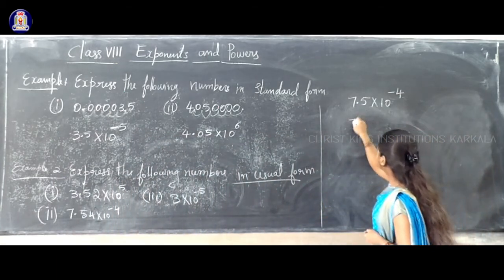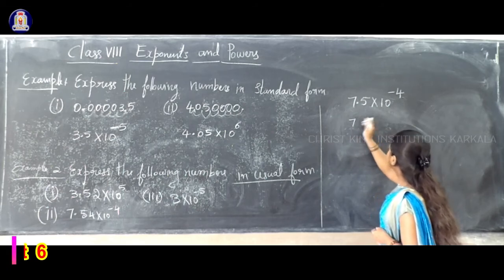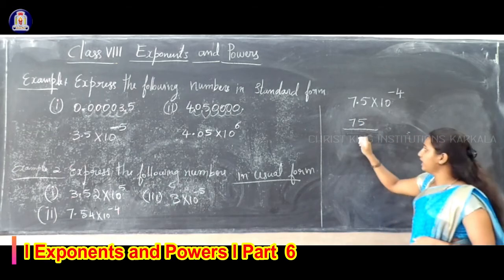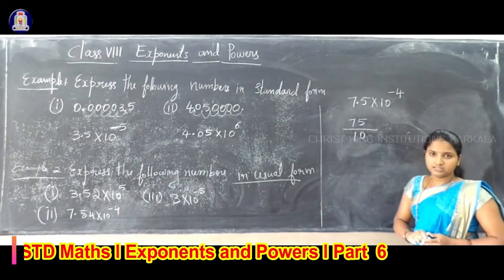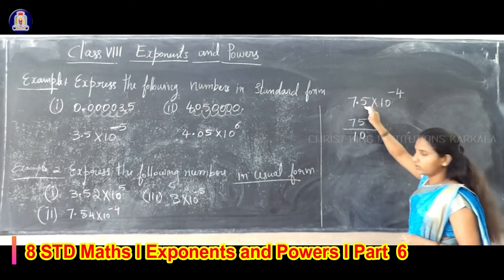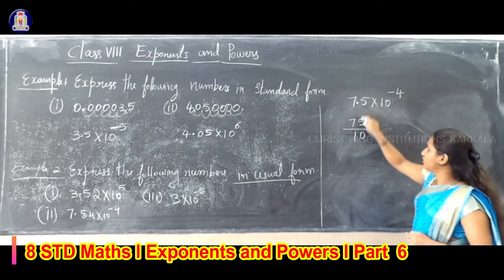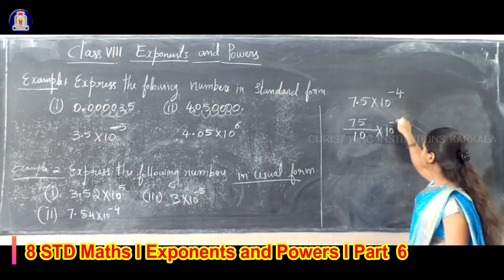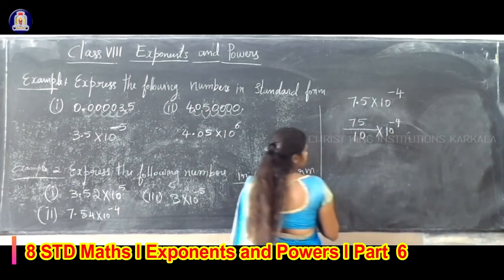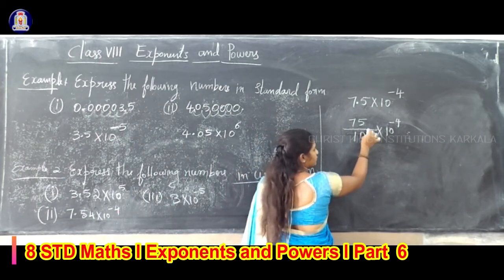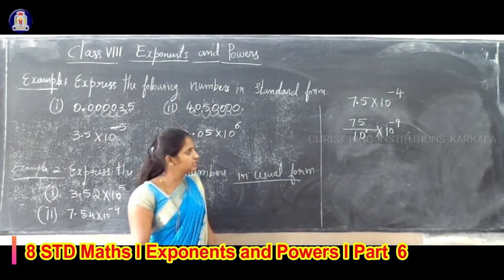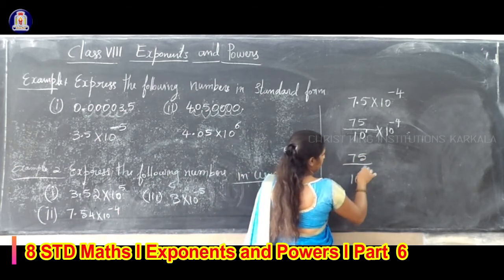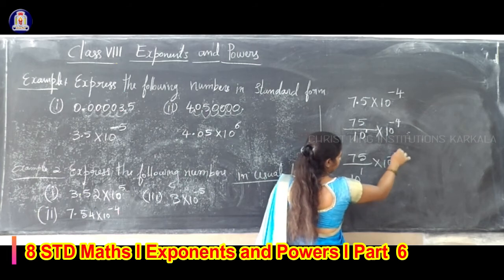So now 7.5 can be written as 75 by 10. Why 10? Because after the decimal point there is 1 digit. Is it correct? So 7.5, 75 by 10, into 10 power minus 4. Now, what is the power of 10? The power is 1. 75 by 10 power 1 into 10 power minus 4.